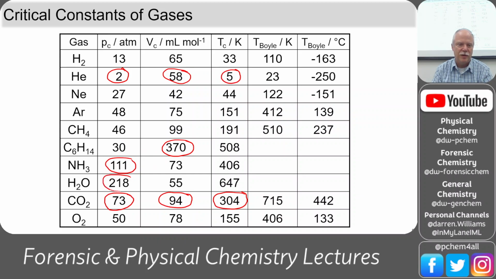It seems like the hydrogen bonding ones need a high pressure. If you have a high enough pressure and low enough temperature, you can have a liquid. But if you get above 647 Kelvin for water, you could never have a liquid water above that temperature.